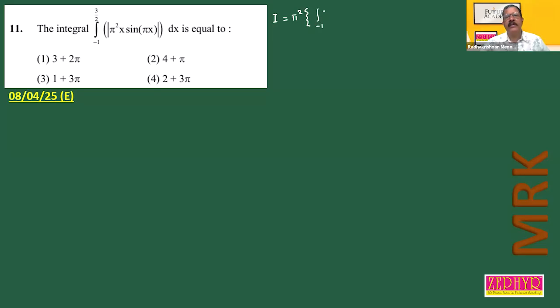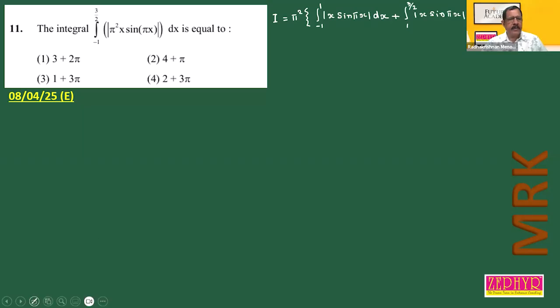First one, -1 to 1 modulus x sine pi x dx, plus integral 1 to 3 by 2 modulus x sine pi x dx. Okay.